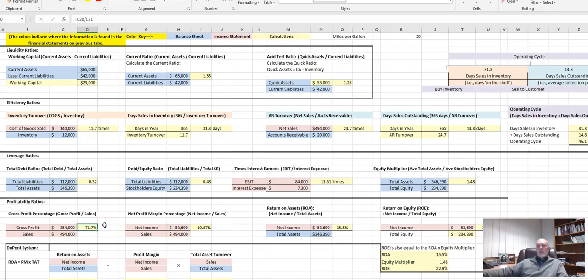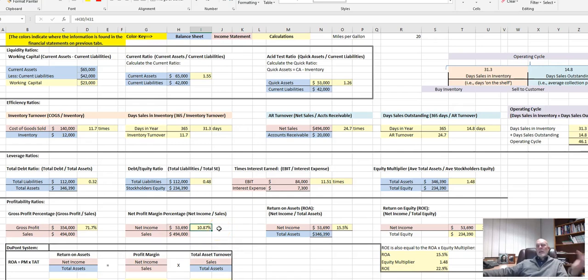Another measure of profitability is looking at the bottom line, net income as a percentage of sales. So divide net income by sales. Here we have 10.87%, meaning that out of every dollar of sales, we've got almost 11 cents of net income.